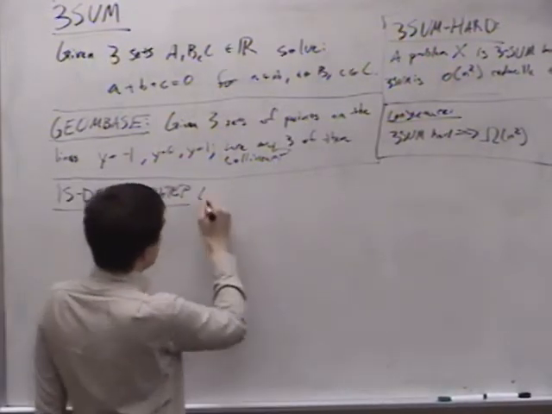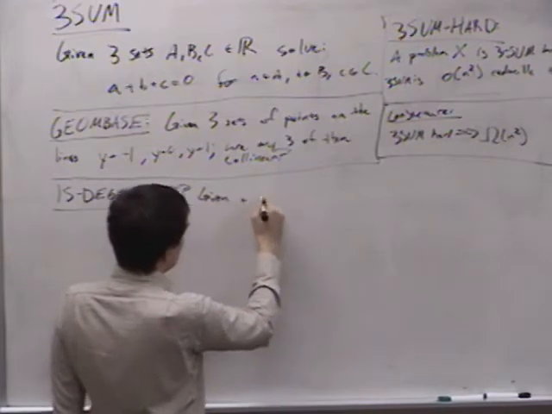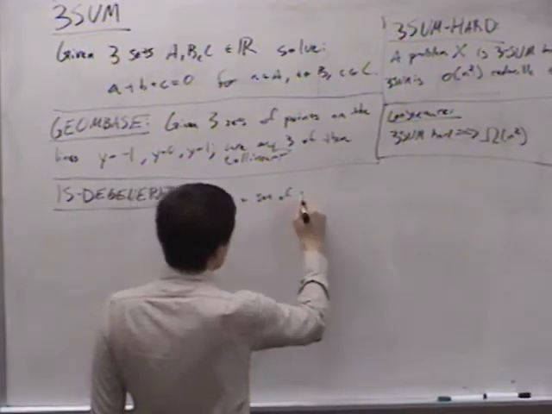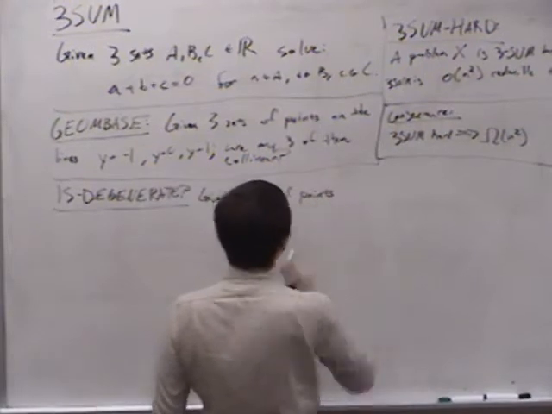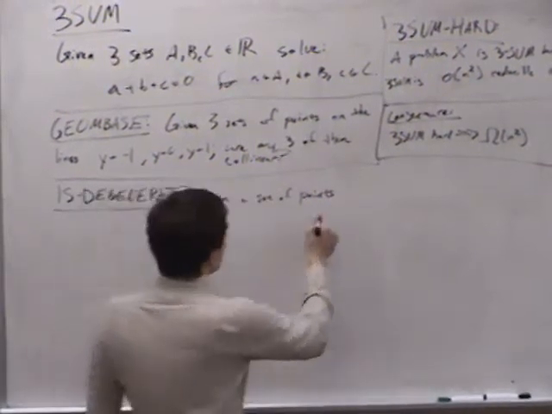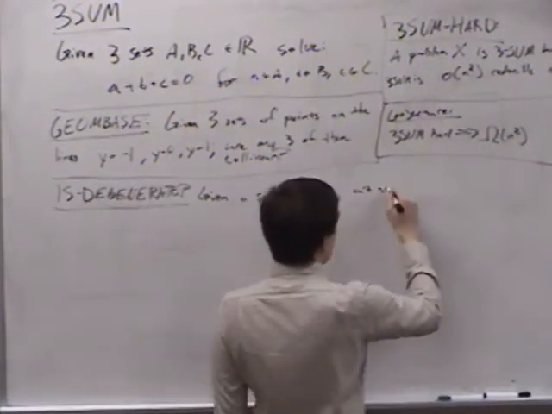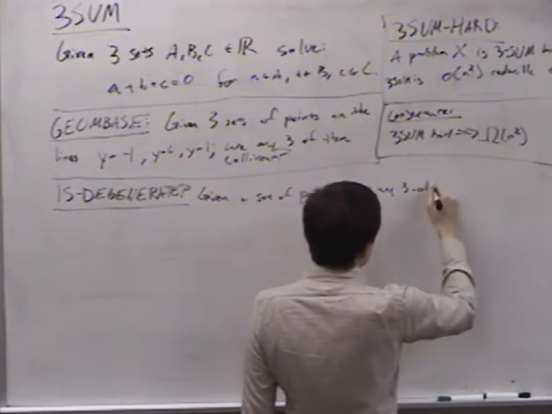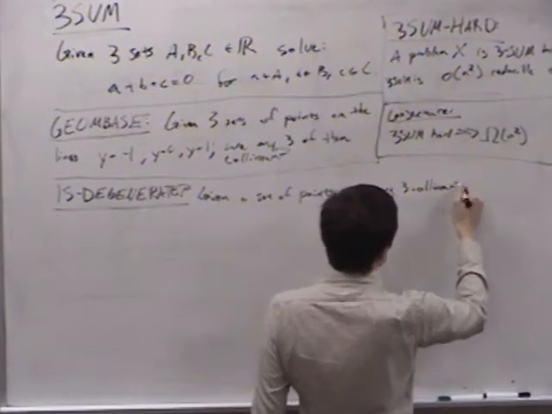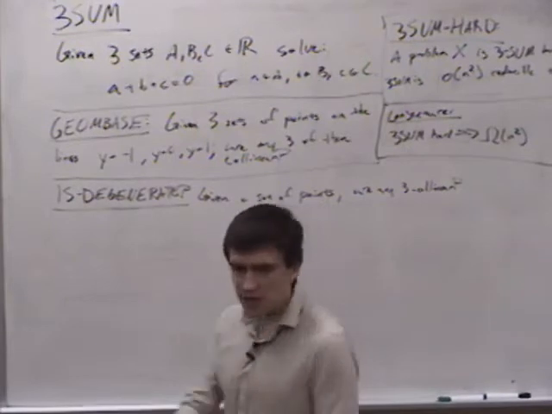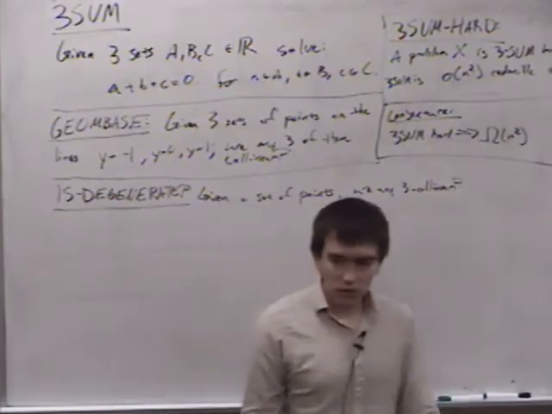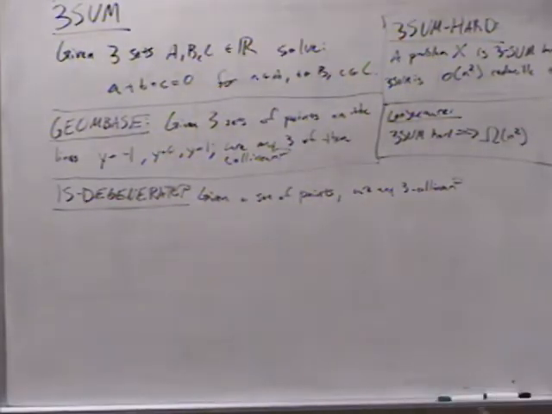This is the problem where, given a set of points, are any 3 collinear, right? Because if we have a set of points where some triple of them happens to be collinear, that would be a degenerate tuple in our point set.